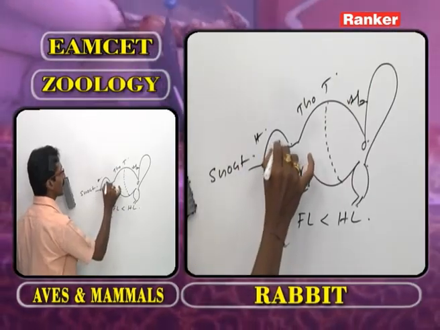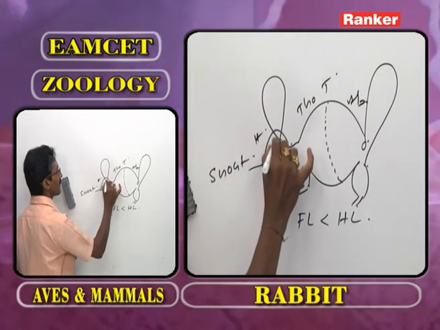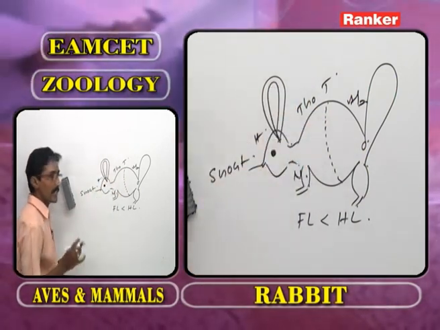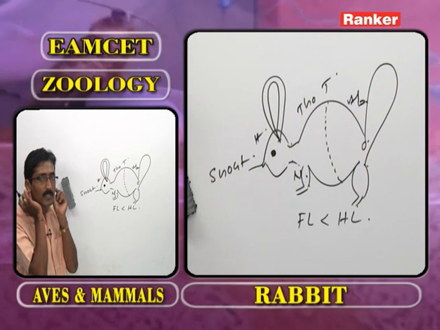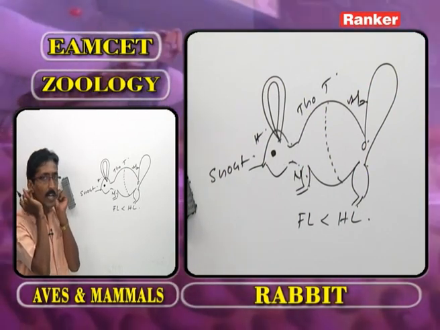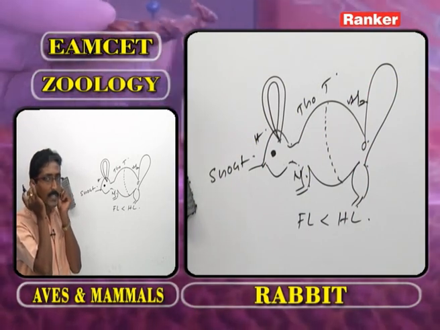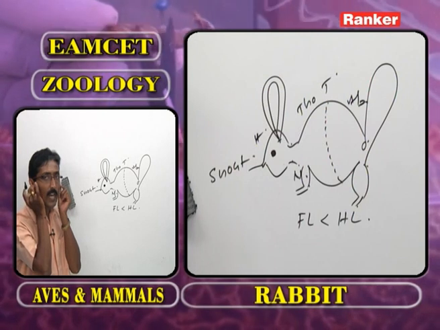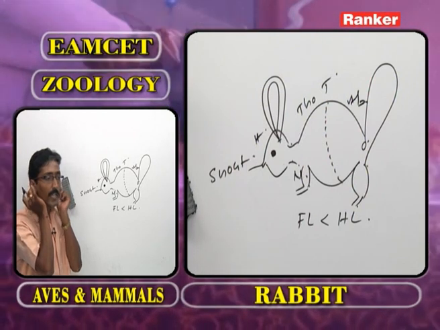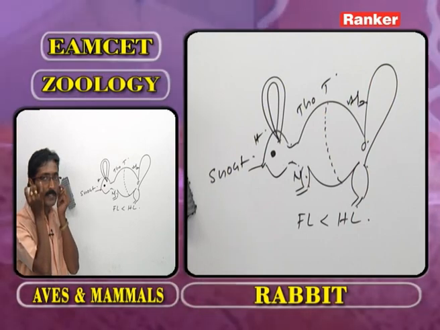Behind the eyes, on either side of the head, what are present? The large external ears. But we are having the small external ears. In our body, the ears are not movable, because the muscles which are present in the external ears are vestigial. So, in the body of a human being, we are unable to move our ears.